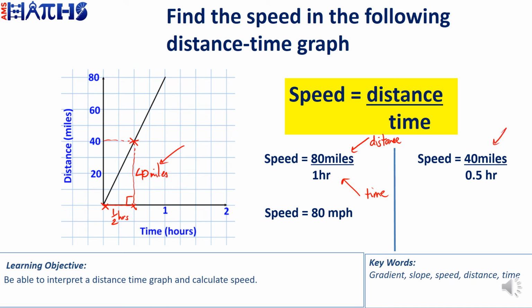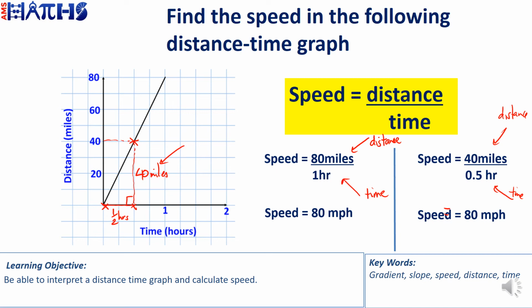So if we're going to work out the speed, it's going to be the change in the distance, or the height of the triangle, which is 40 miles, and then the time for that right angle triangle, for the base of the triangle, is half an hour, which is 0.5 hours. And so 40 divided by 0.5 will give us 80 miles per hour.